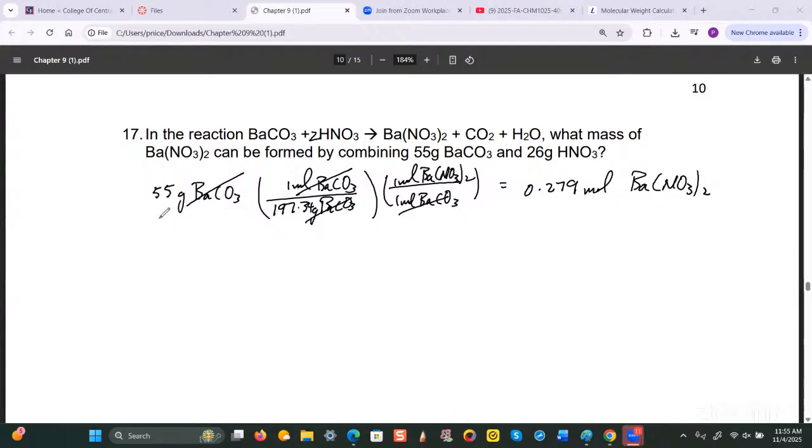Convert 26 grams of HNO3 to moles. So we multiply by 1 mole of HNO3, and down below would be the molar mass of HNO3.